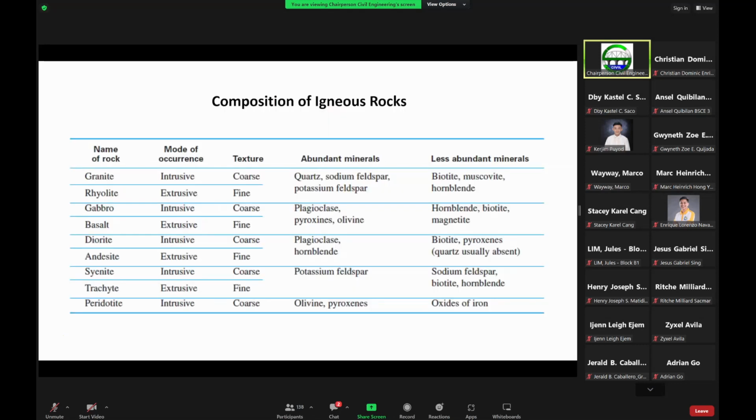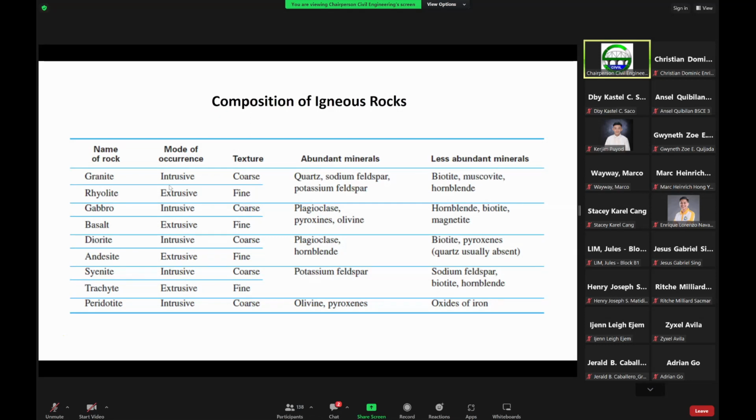With respect to igneous rocks, we have here some of the names of these igneous rocks: the granites, rhyolites, gabbro, basalt, diorite, andesites, syenite, and these other two rocks.